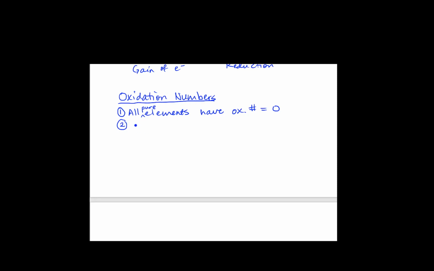If you have something that's in an ionic compound, so all monatomic ions, like we had in HCl or NaCl or something like that, they all have an oxidation number that is equal to their ion charge.